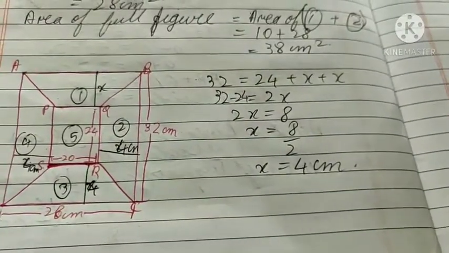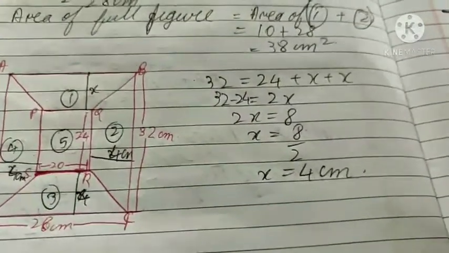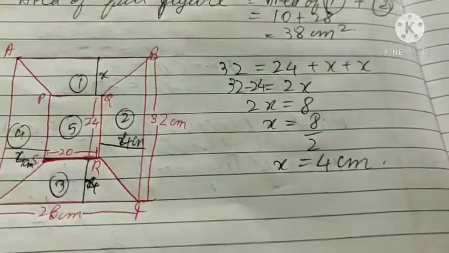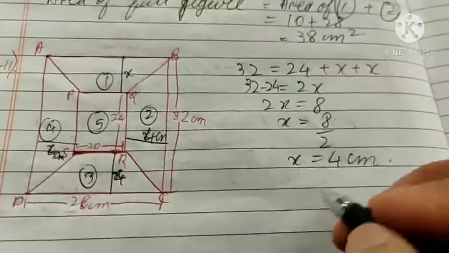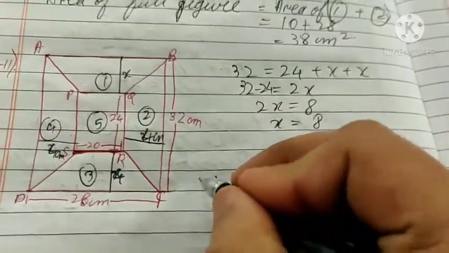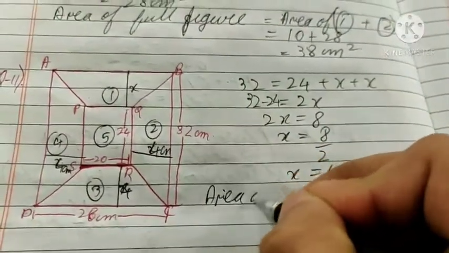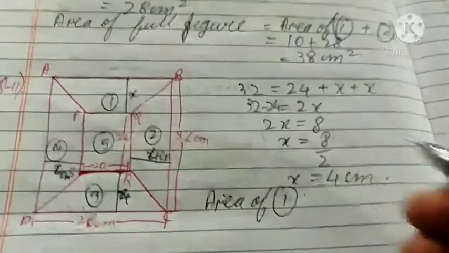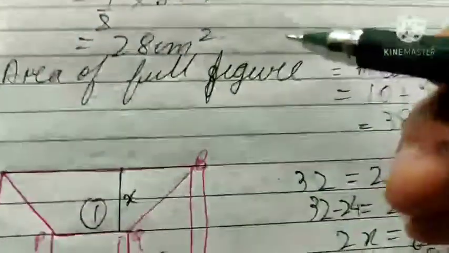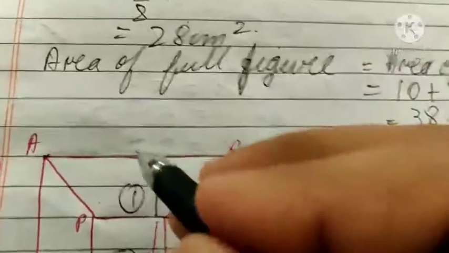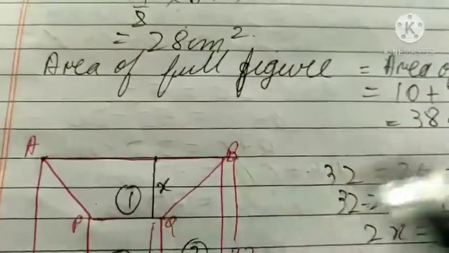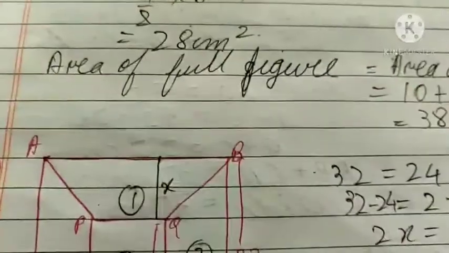Okay. So what next? We have to find the area of each section. Okay. Means if we start with 1, area of 1. Look, this is a trapezium with AD and PQ parallel, AB and PQ parallel.